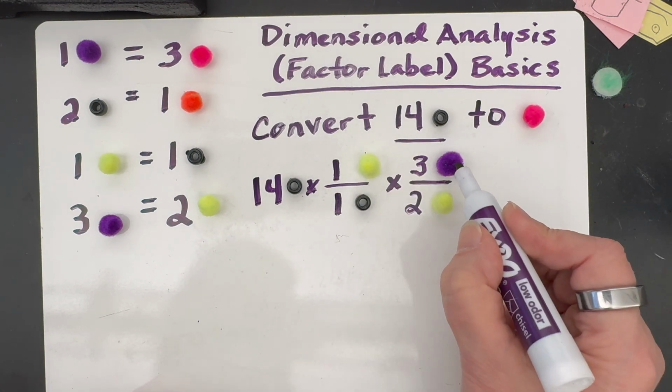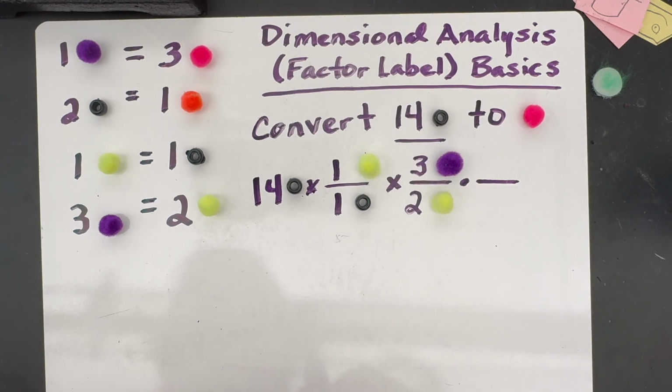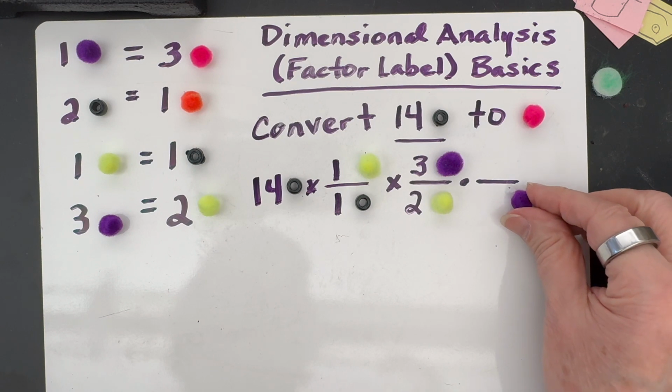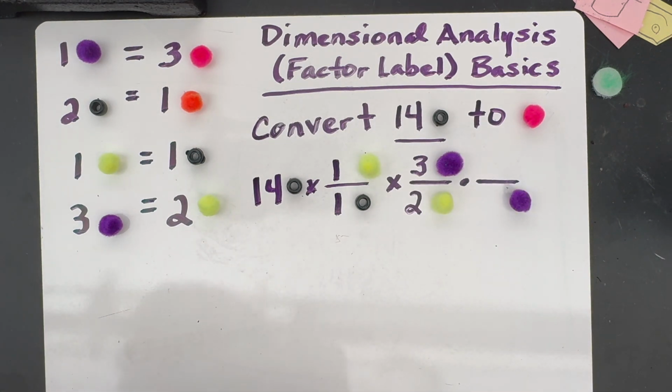And now we want to cancel purple fuzzies. Remember, we're trying to get to pink. Our purple fuzzy needs to go on the bottom so that it will cancel. And we're trying to get to pink. I don't have any more of the small pink.